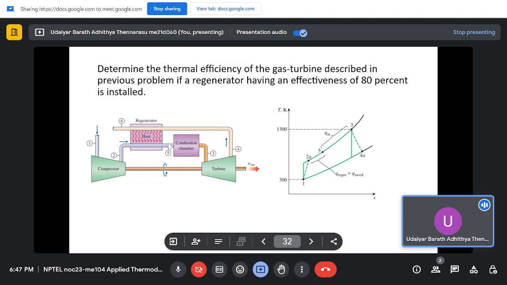So the maximum, this being counter flow, is obtained when the fluid coming into the regenerator from the turbine, at state 4a, has an enthalpy equal to that of state 5. That means the regenerator is 100% effective. Whatever fluid is coming in from the turbine and what is going out, the temperatures are the same, or in a sense the enthalpies are the same.